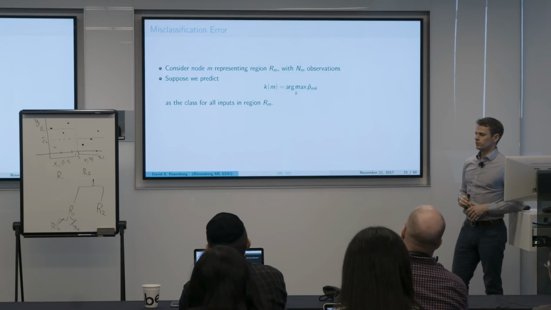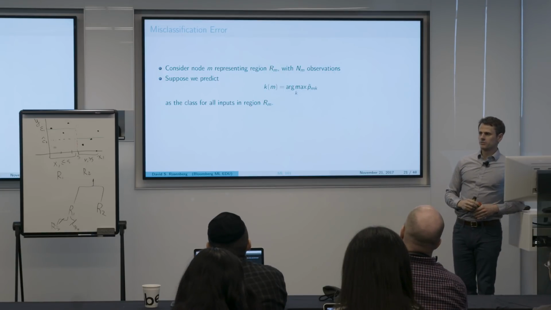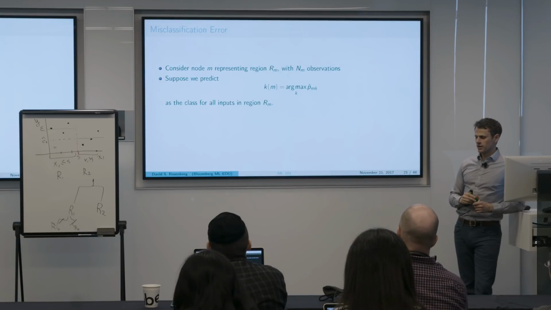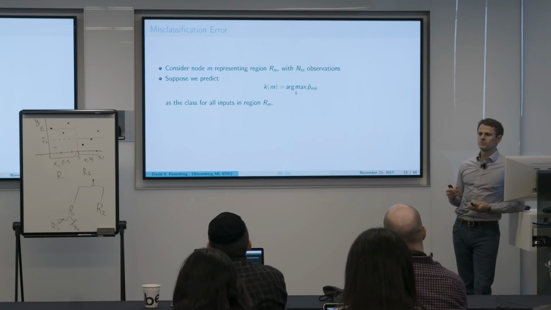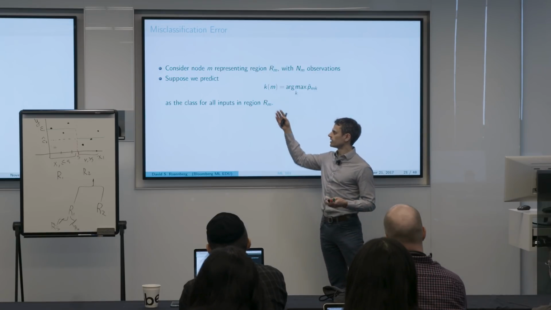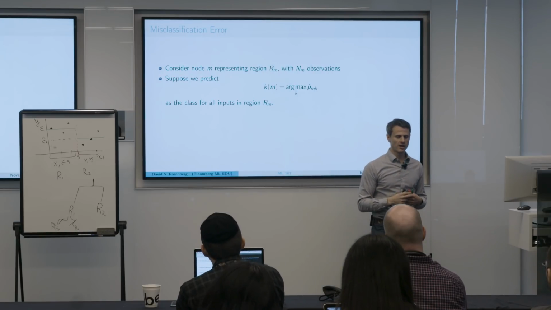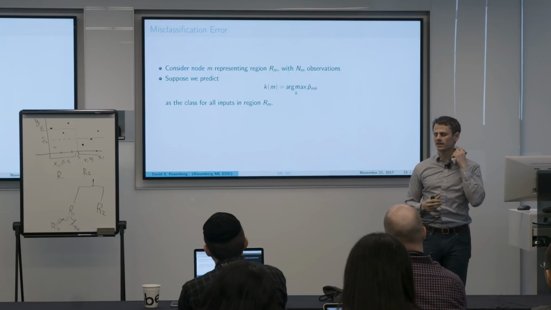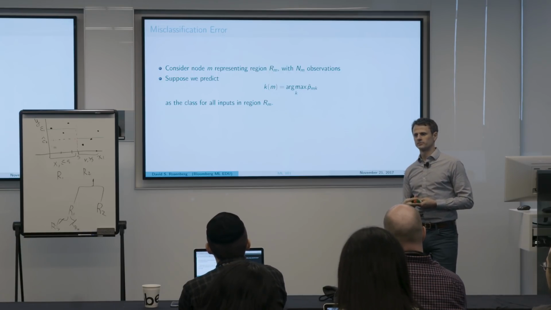Here's a question. Suppose we have our partition and we choose our prediction as described before. What's the misclassification rate for a new example that falls into region R_m? What's your best guess? Suppose k_m is the class we choose, the most dominant class.